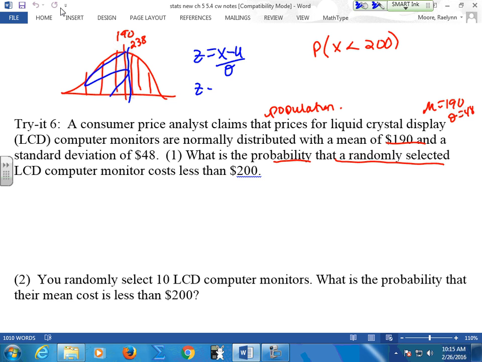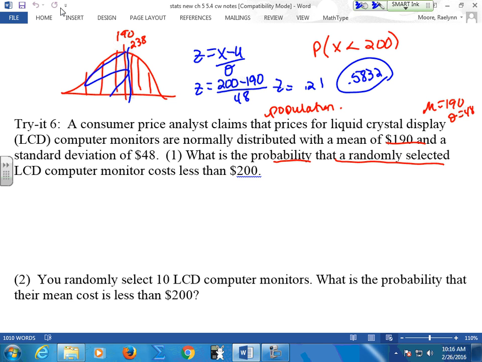I say z is equal to my x value minus my mean for my population, over my standard deviation. So I get a z-score of 0.21, which puts me between the 0 and the 1. I look at my area to the left, and it's 0.5832. So there's about a 58% chance that my randomly selected computer monitor that I select from my entire population will cost less than $200.